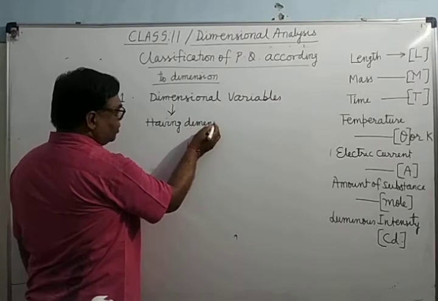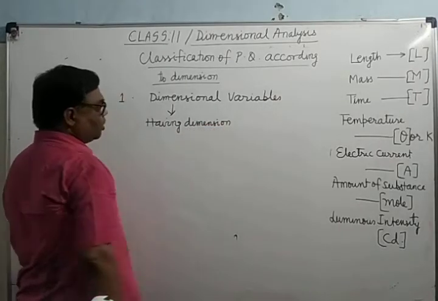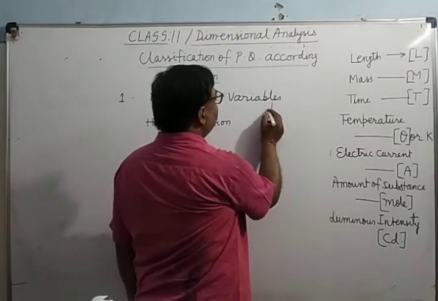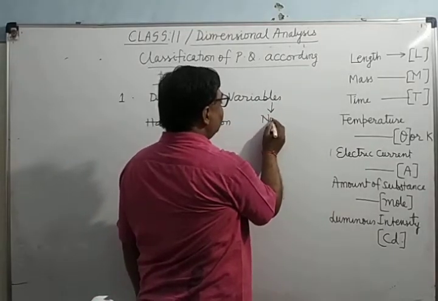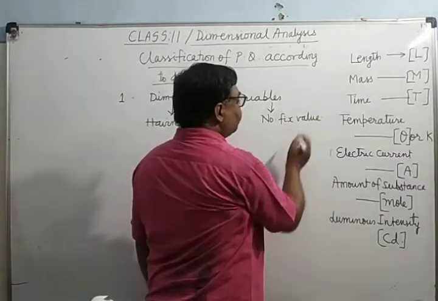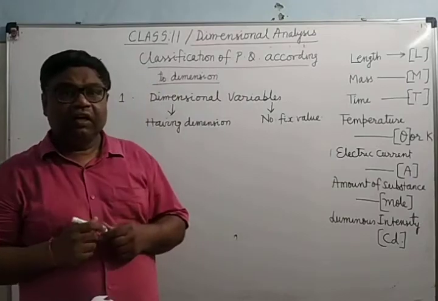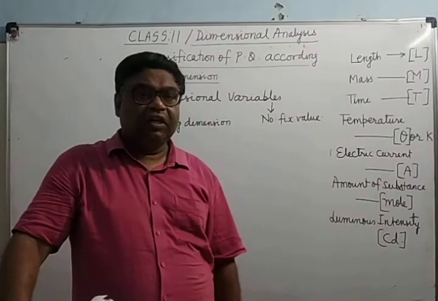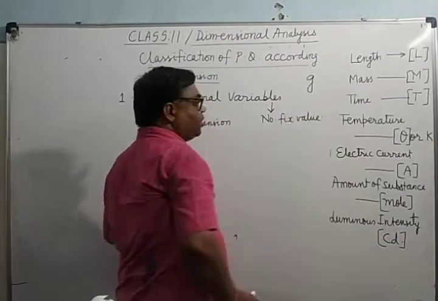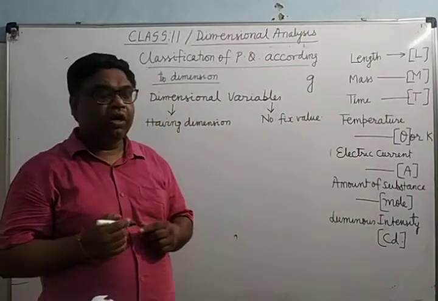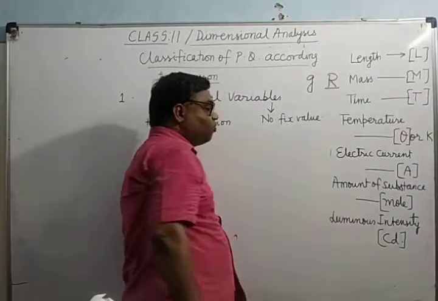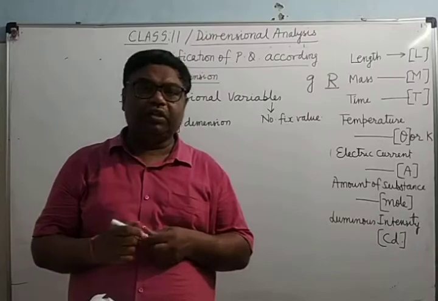It means there is some dimension of that physical quantity, and variable means no fixed value. For example, when we say small g, immediately one value comes in your mind, 9.8 meter per second square. When we say universal gas constant, immediately one value comes in mind, 8.31.